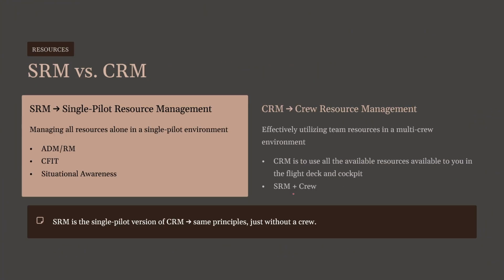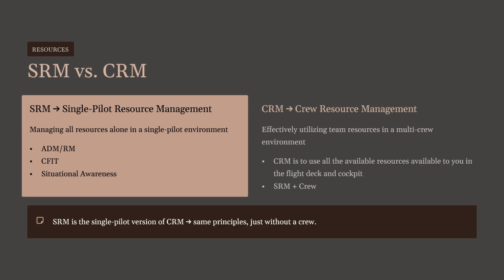Okay. And this slide compares SRM, single pilot resource management, and CRM, crew resource management. So SRM stands for single pilot resource management, and the main idea in both is using all available resources effectively to make safe decisions. In a multi-crew environment, that includes other crew members.